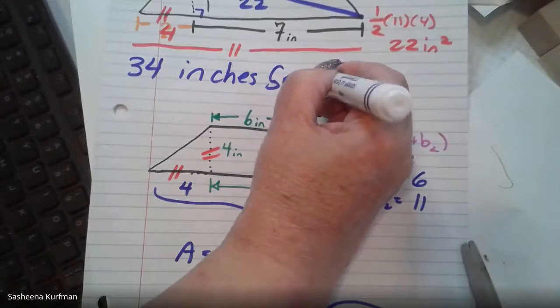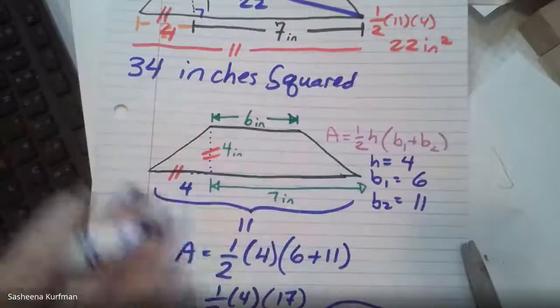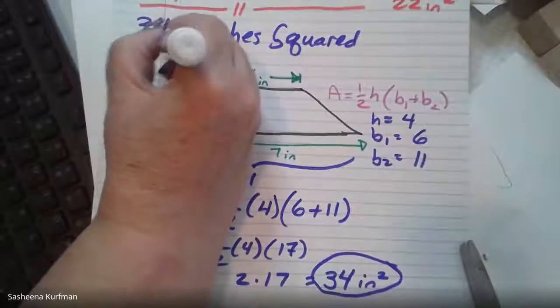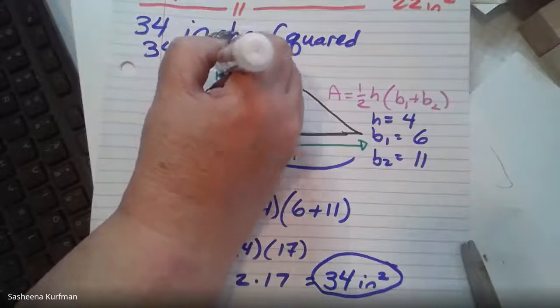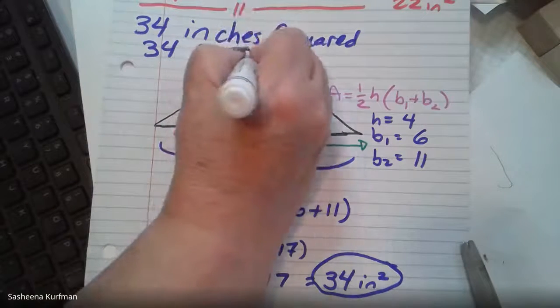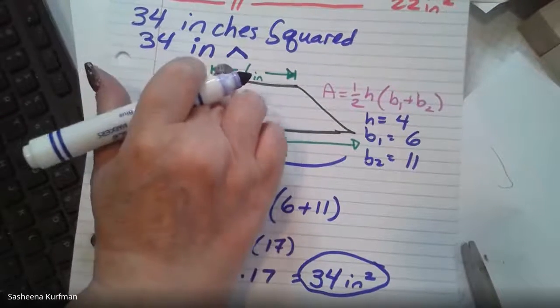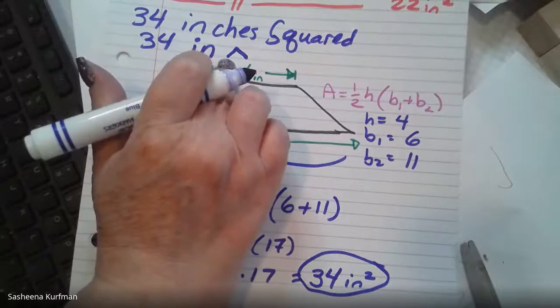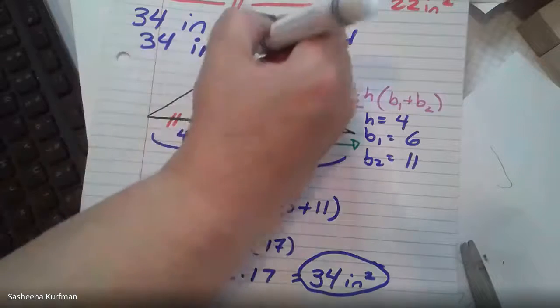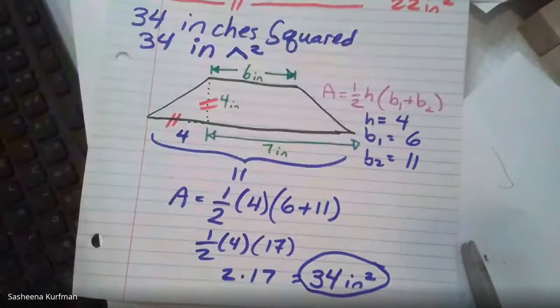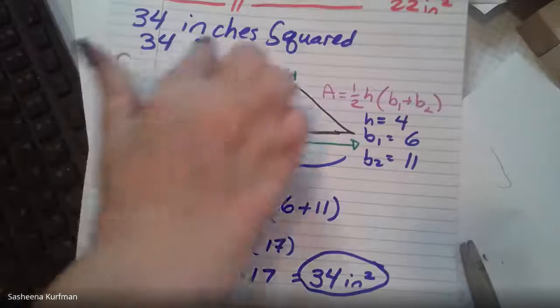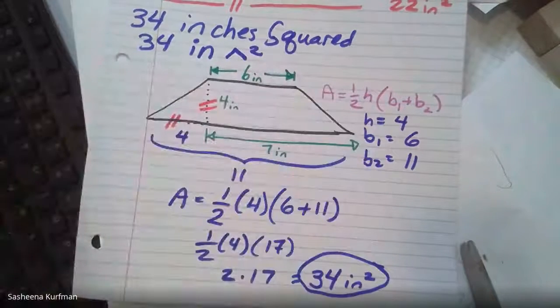I could just write squared. Or I could write 34, I put inches, and then this symbol is a symbol for making something squared. And so this is another way of finding that area.